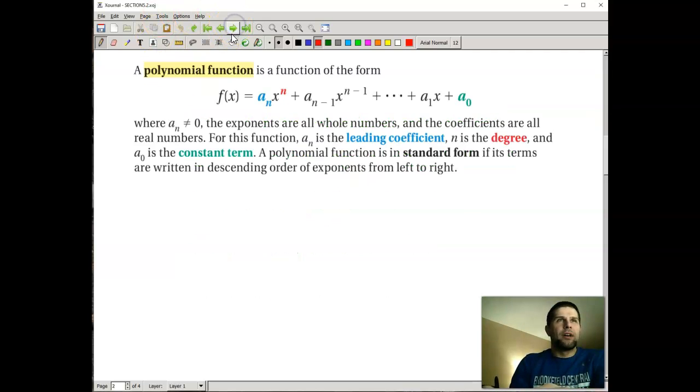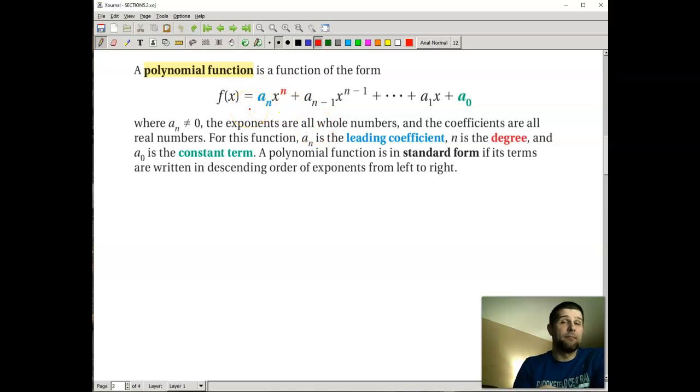Okay, let's first look at the definition of what a polynomial function is. So a polynomial function follows this format here, and it'll be easier to see once we see an example of it. But some of the key things to look at are, something is a polynomial if you have this form.